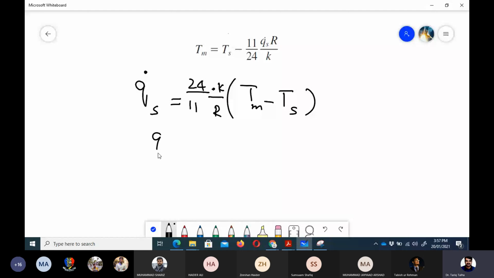Now we also know from Newton's law of cooling that heat flux is equal to h into Tm minus Ts, if we are talking about the cooling of the fluid, because the heat is going away from the fluid to the solid pipe. Sorry, it is the other way around.